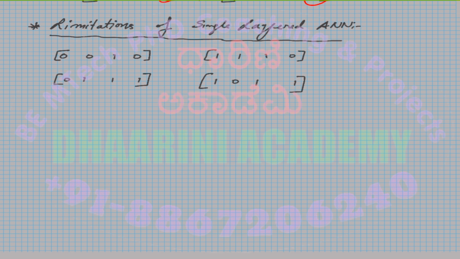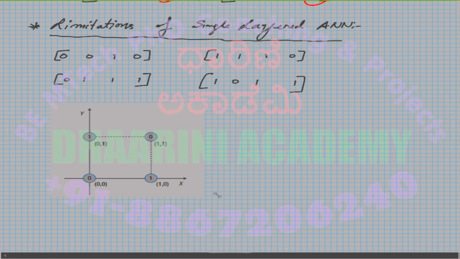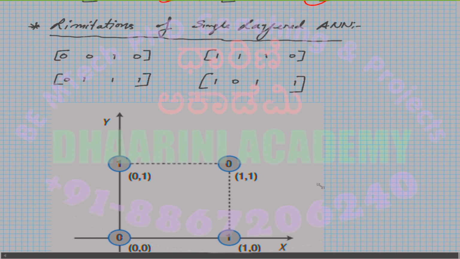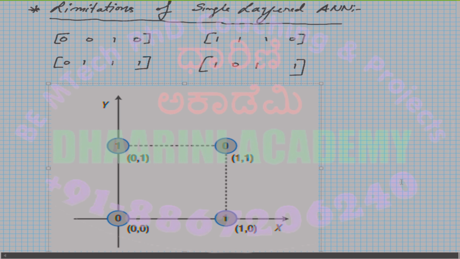I'll paste once again, just a second. The 4 data points which we considered belong to two completely different classes, and the classes are completely non-linear. So you can simply see that over here like this.